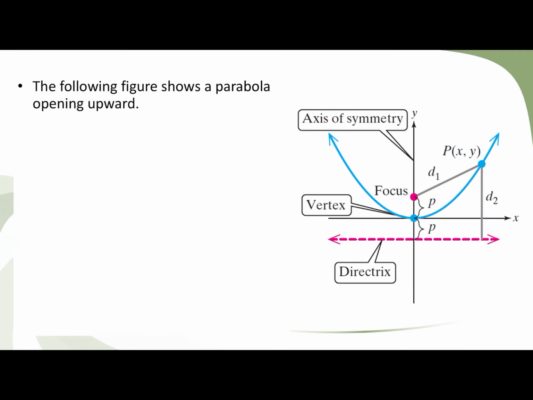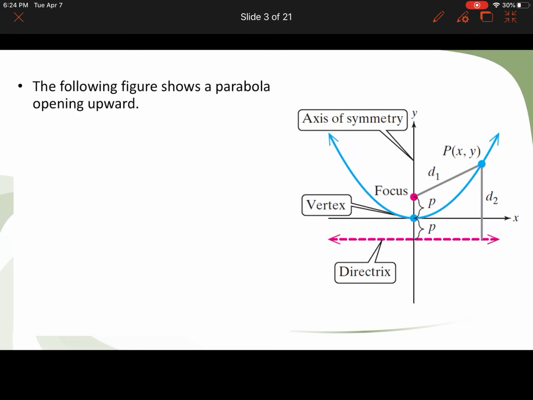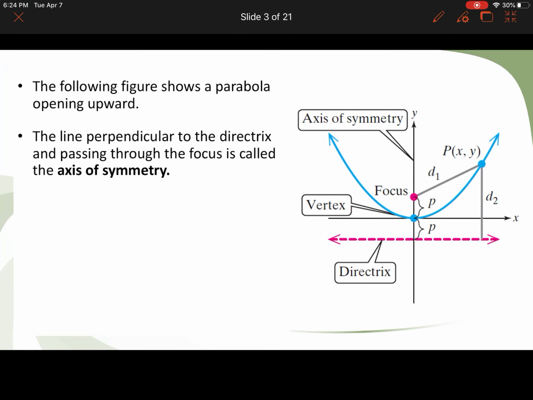So in this figure, we can look at some of the terminology we're going to use for a parabola. There's a focus and a directrix. That's the point and the line that we're measuring the distance to. In this picture, they're marked in pink. The line that's perpendicular to the directrix and goes through the vertex is the axis of symmetry.